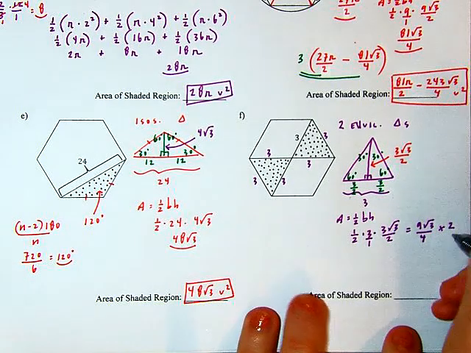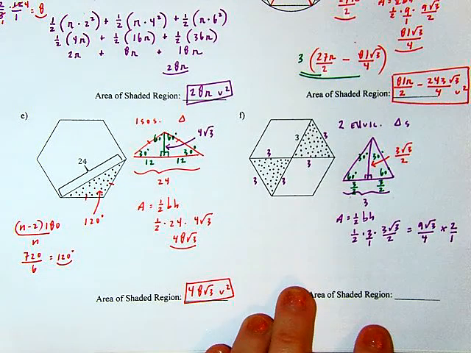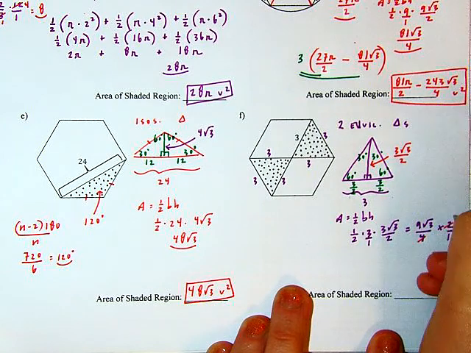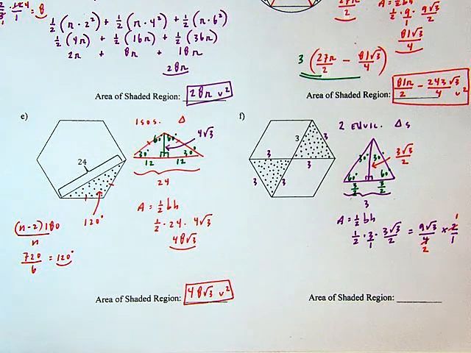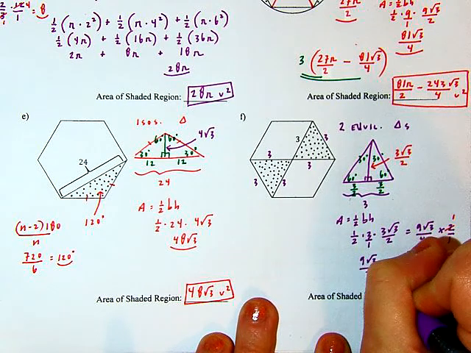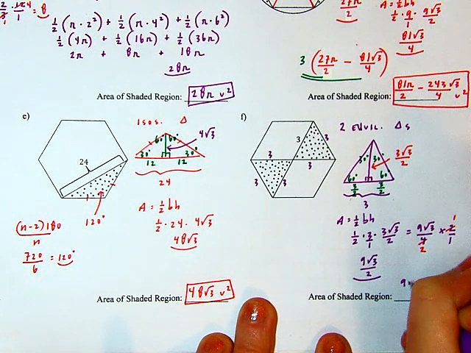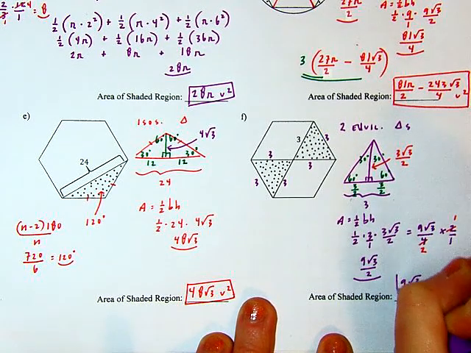Let me just put that over 1. So that 2 and the 4 here and here can go 1 and 2. So I'm going to end up with 9 root 3 over 2. All right, 9 root 3 over 2, and units are squared.